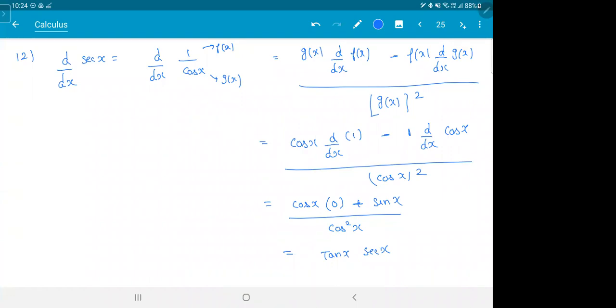So let's see some questions, where do you actually use them? Can I turn the page?